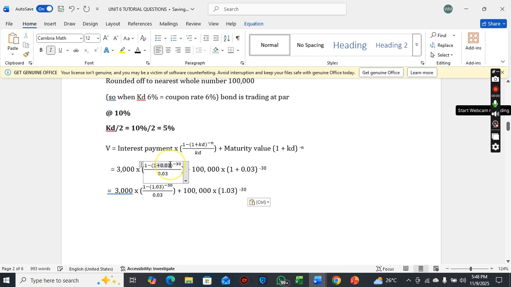So here it will be 0.05. Okay, let's calculate for this one.